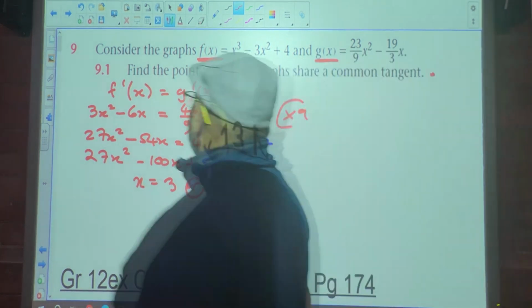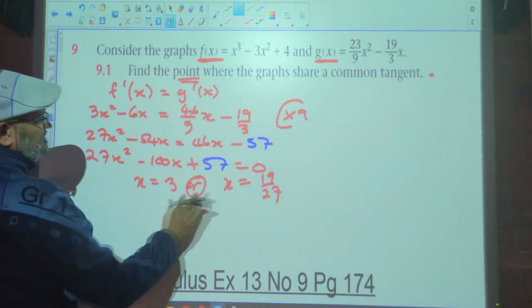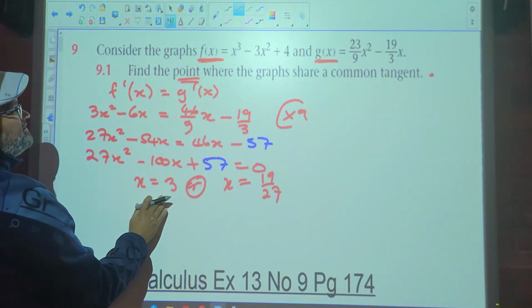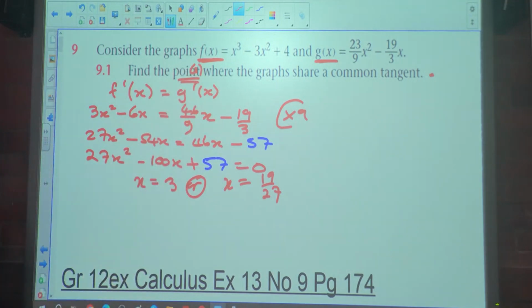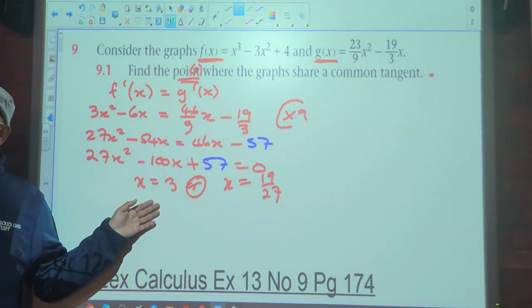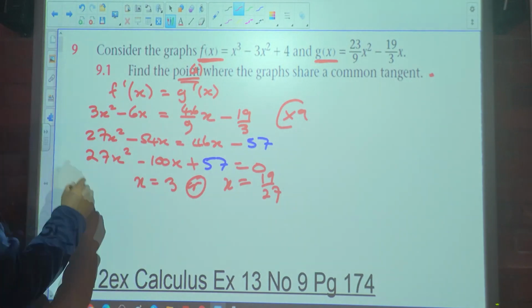I can't understand why they're only giving one, because I'm getting 2 points here. And I'm wondering why didn't they say points? But now you're saying that they're only considering 3. I don't know why. I will try and check the guide and see why.